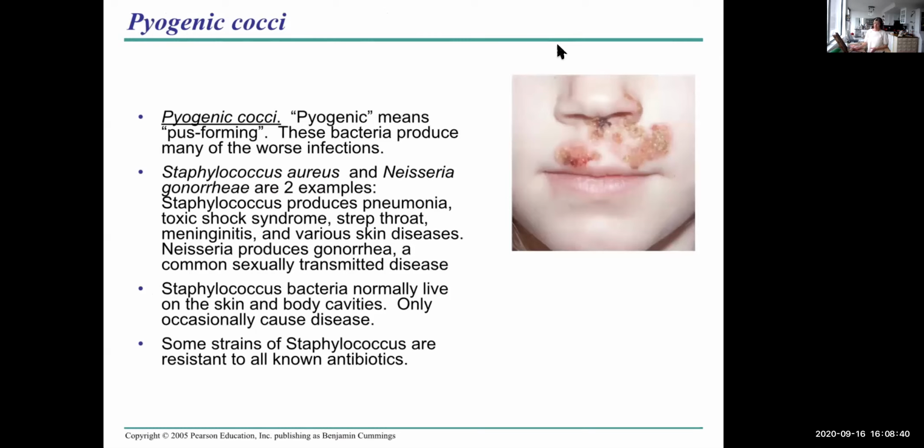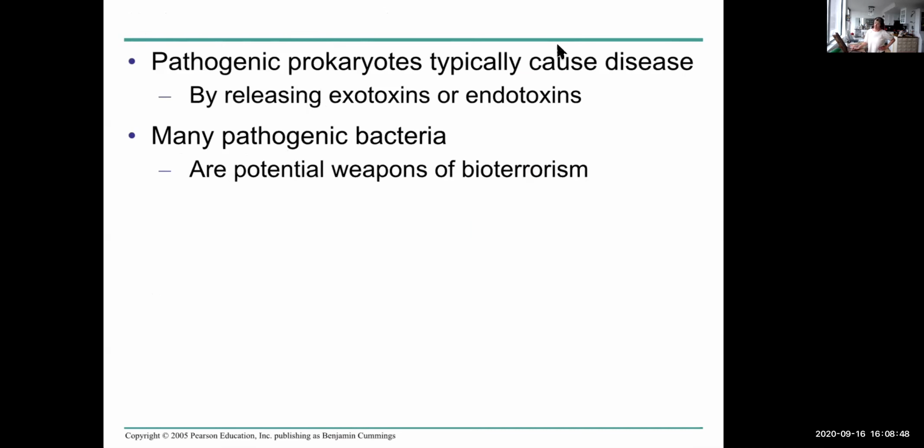Staphylococcus produces pneumonia, toxic shock syndrome, strep throat, and some other diseases. Typically, disease is caused by the release of exotoxins or endotoxins, and some are potential weapons of bioterrorism.